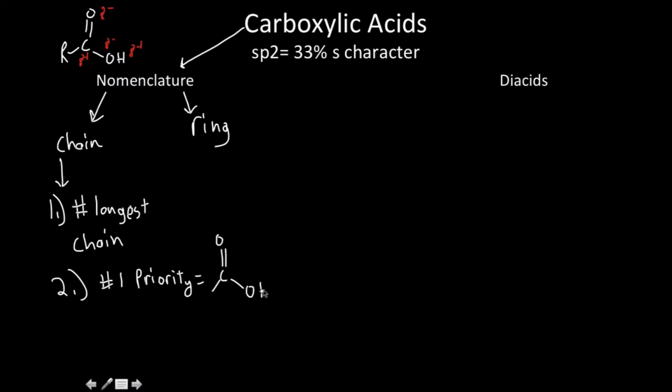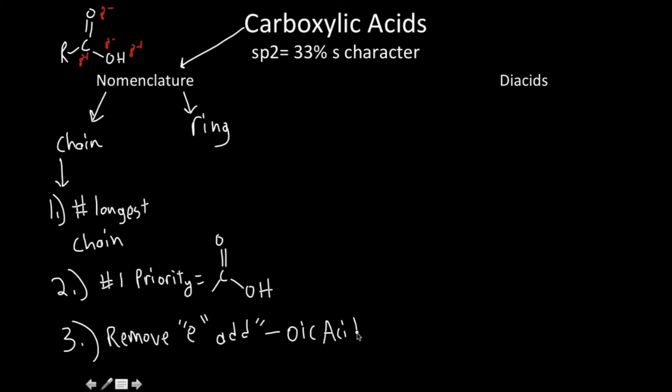The third step is to rename it: remove the e and add the suffix -oic acid. So that's how you would do that.